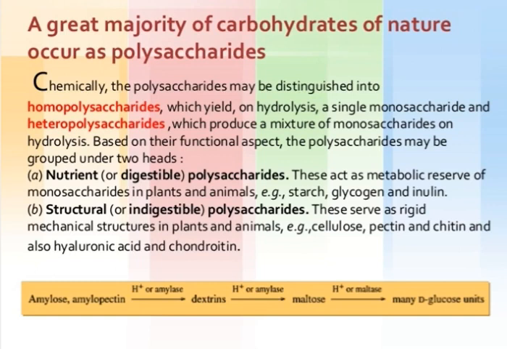It is further grouped as pentosans and hexosans. In heteropolysaccharides, on hydrolysis, these polysaccharides yield different types of monosaccharide molecules. Example: hyaluronic acid and chondroitin sulfate. Heteropolysaccharides are grouped into gums, agar, and pectins and their products.